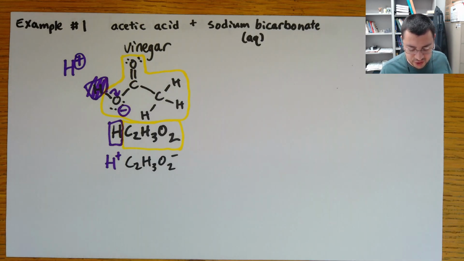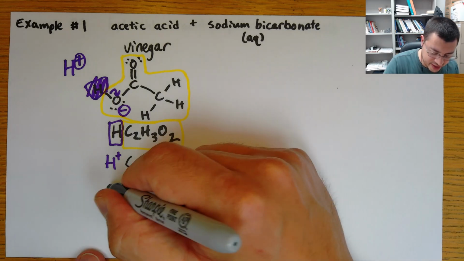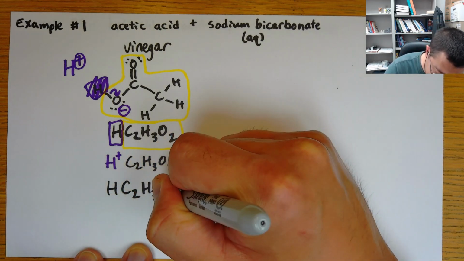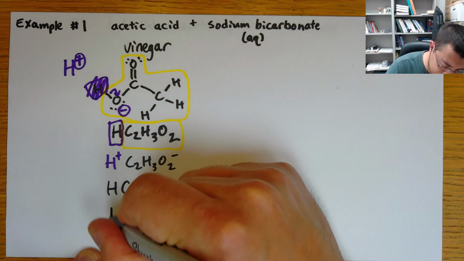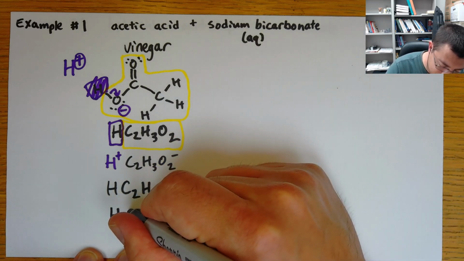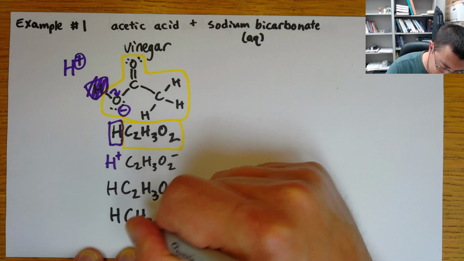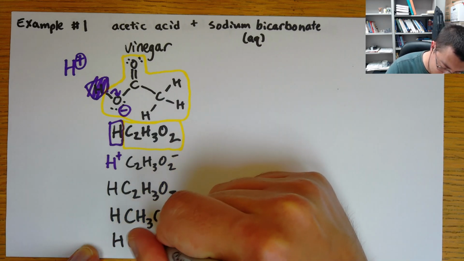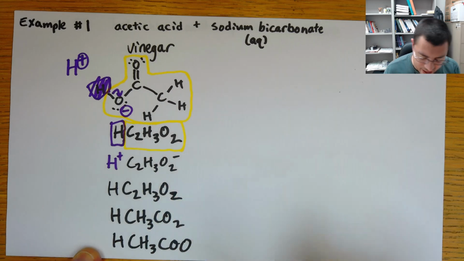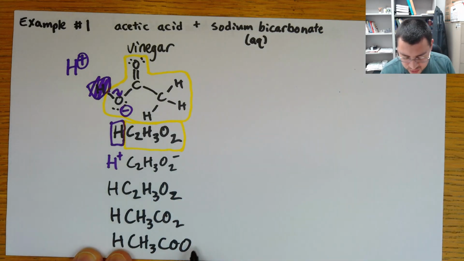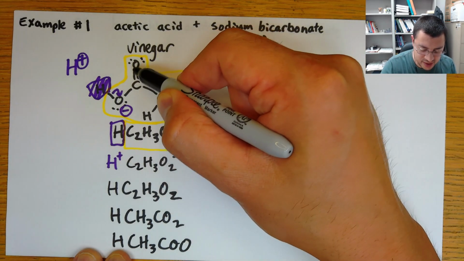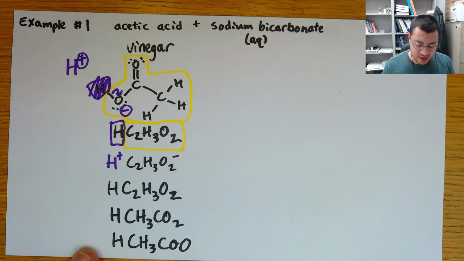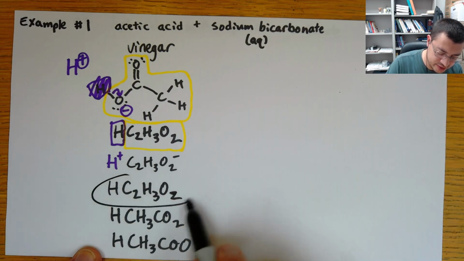So long story short, you're stuck writing acetic acid this way, or some instructors will have you write it that way, or some will have you write it that way. If you're wondering why two O's in a row, well, that oxygen has a double bond, whereas that one has a single bond. But we'll stick with this here.